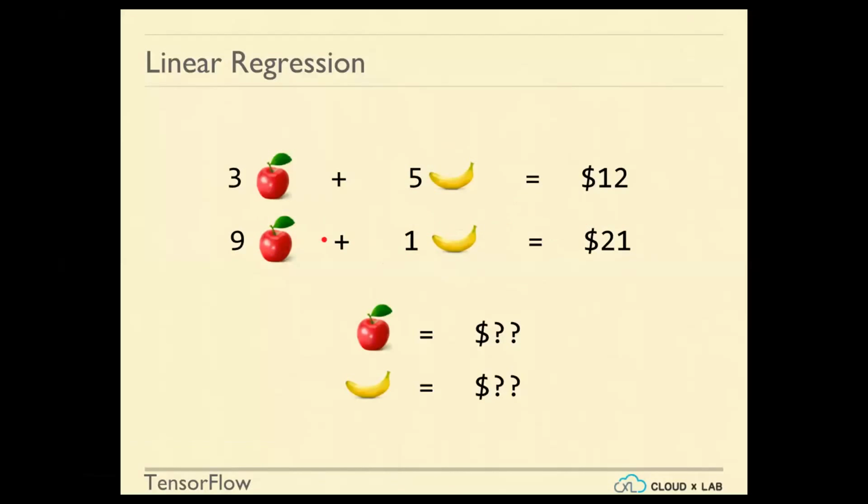Correct? So that's how we generally did. But the problem with this approach is that if the values are not really precise, let's say this is an approximation, then the elimination method does not give you great results.